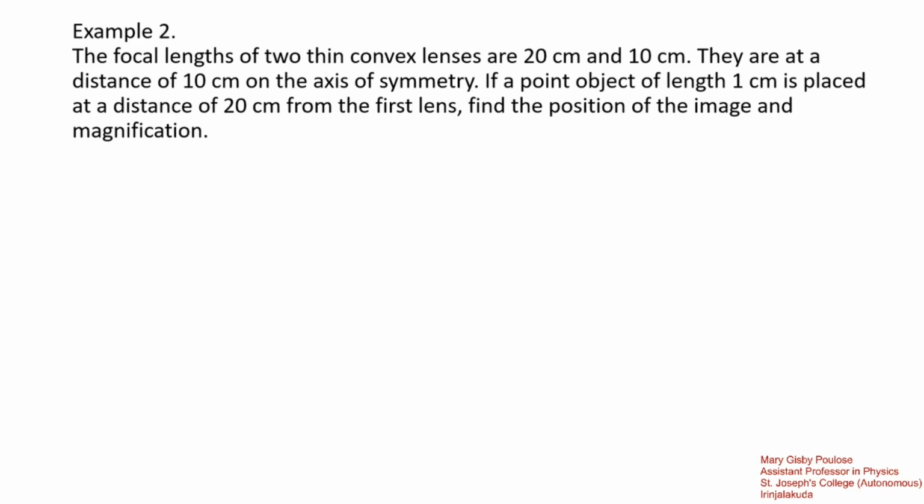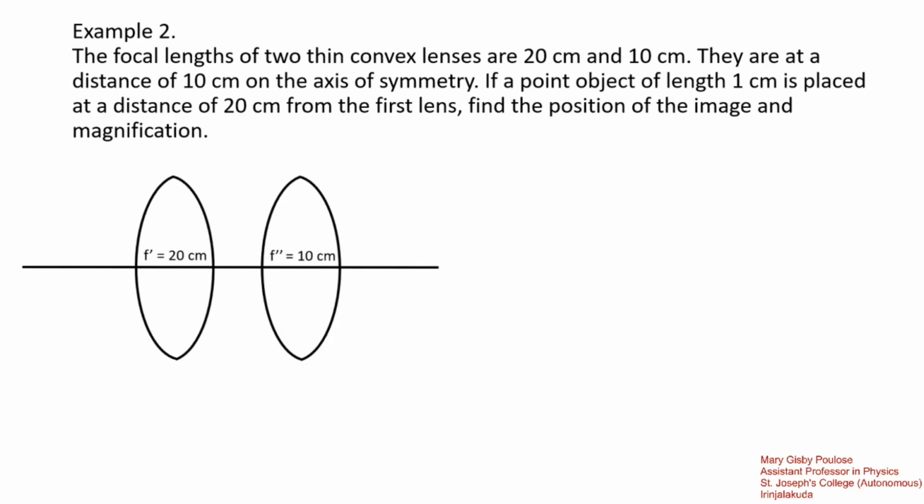Now let us write down the given parameters. For that, assume the axis of symmetry as the z-axis. Two thin convex lenses of focal lengths 20 centimeters and 10 centimeters are there.